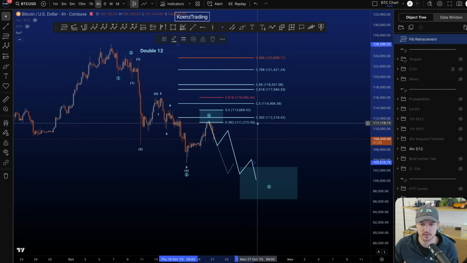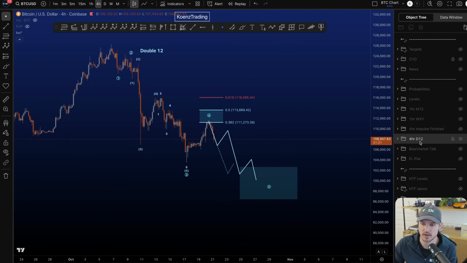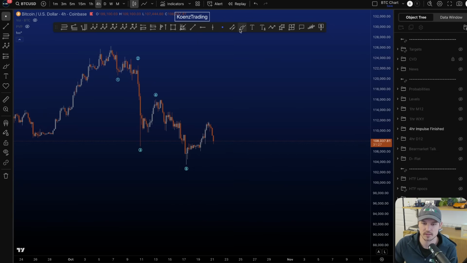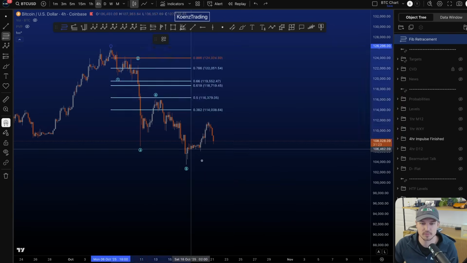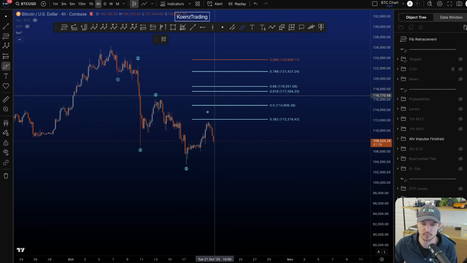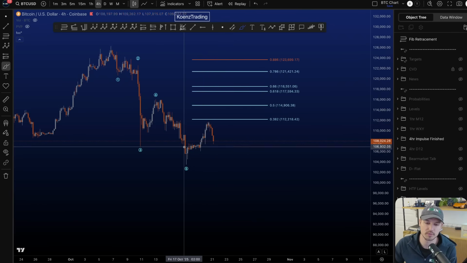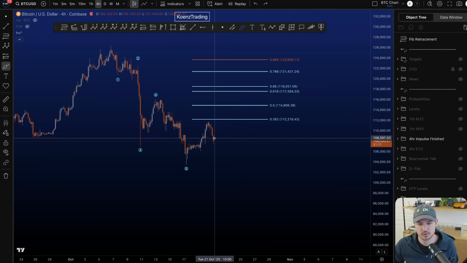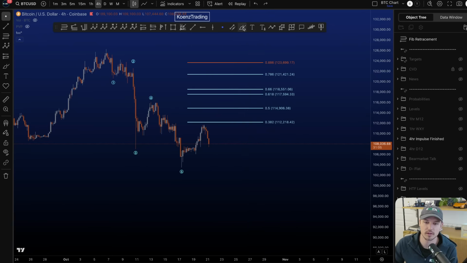So price missed out on touching the 0.382 from the high. So it is at the moment unlikely that you have a finished structure as long as you don't at least touch the 0.382. If we are looking, however, for a finished structure, then if we count a WXY and you move towards the upside here as a high probability scenario, where you get your W, your X, and your Y, you therefore can only have a flat as a larger corrective structure.